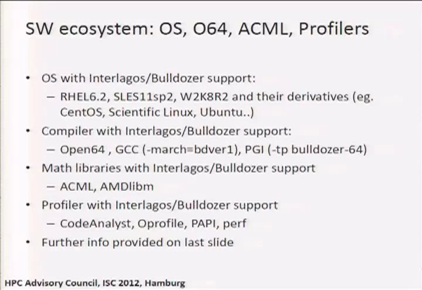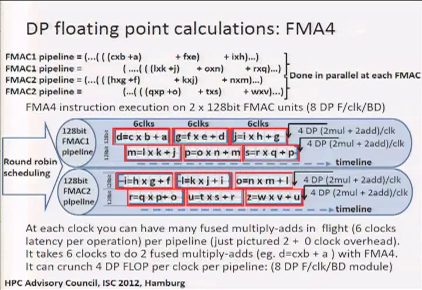Then I'm going to go into some benchmarking, and here is the software ecosystem that I'm using. You have to use an operating system that supports Interlagos. Here I list them all. Don't go with something earlier than this, because then you will not exploit properly the architecture. You have to use a compiler that is actually capable of generating this kind of instructions.